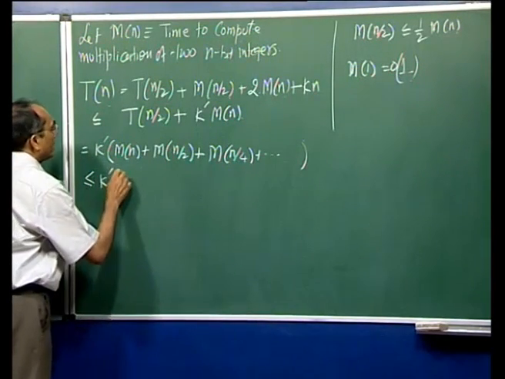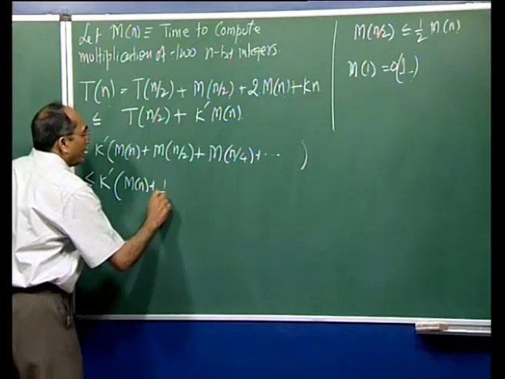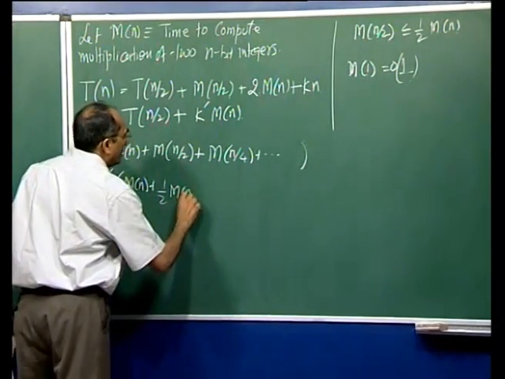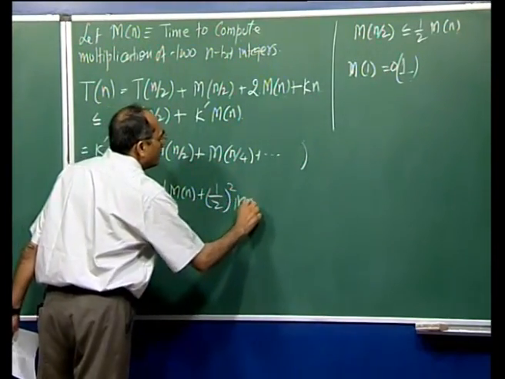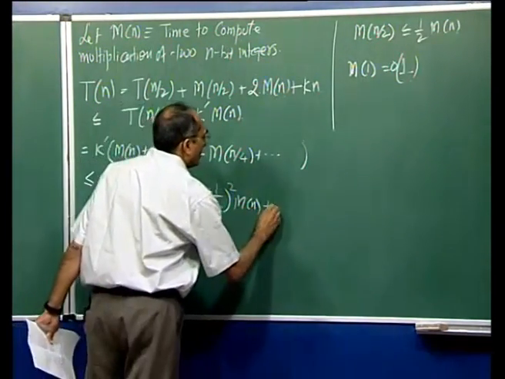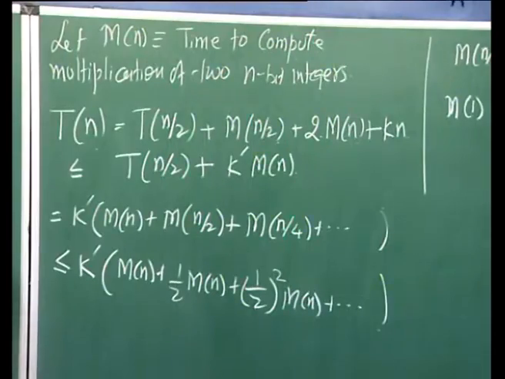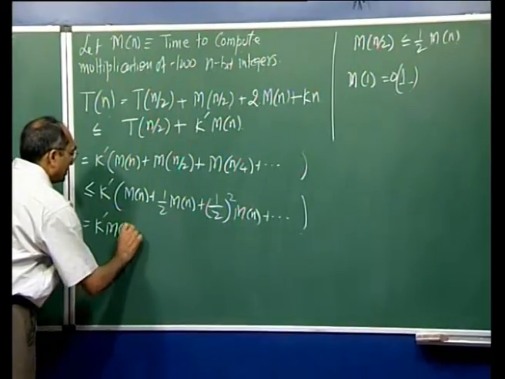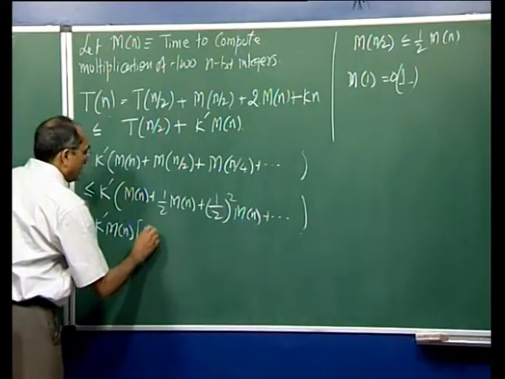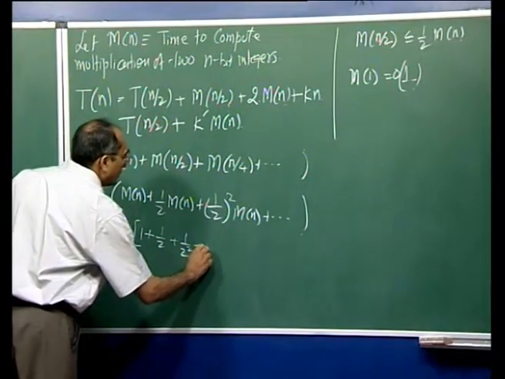This we can now replace by M of n plus 1 by 2 M of n plus 1 by 2 square M of n, that is k prime M of n, the geometric series 1, 1 by 2, 1 by 2 square.